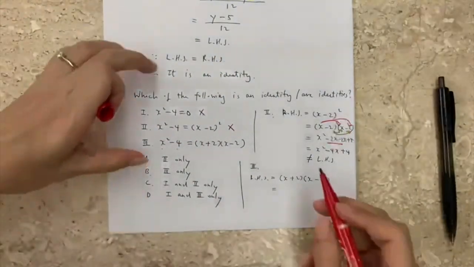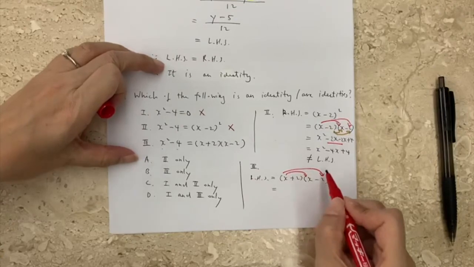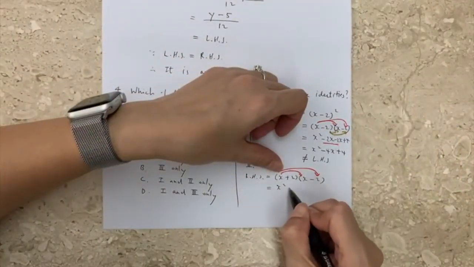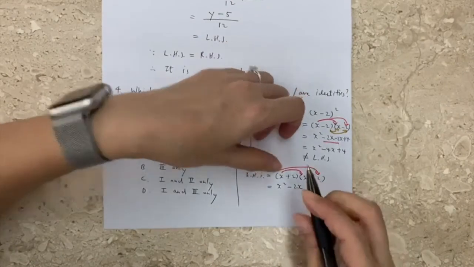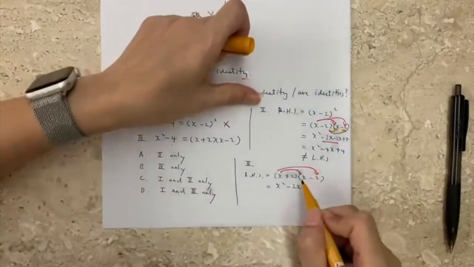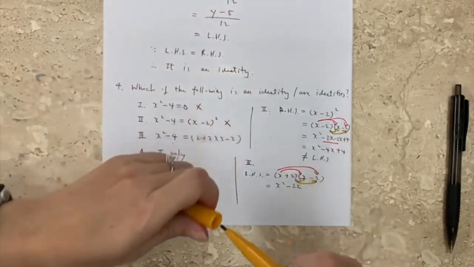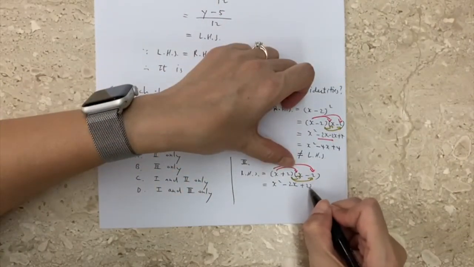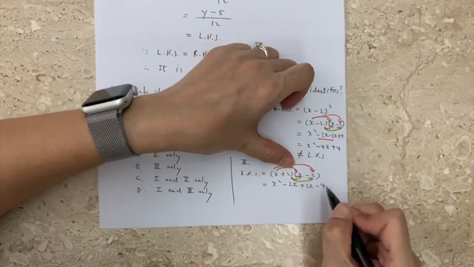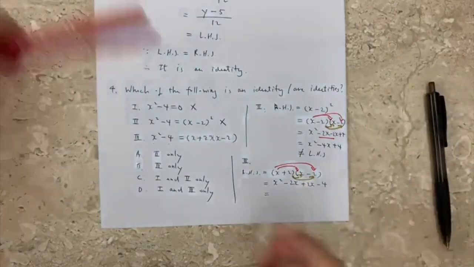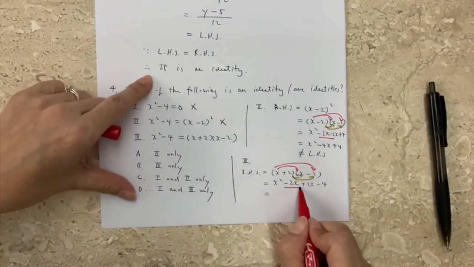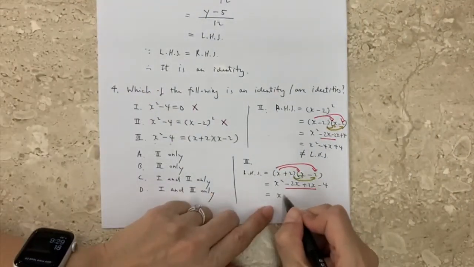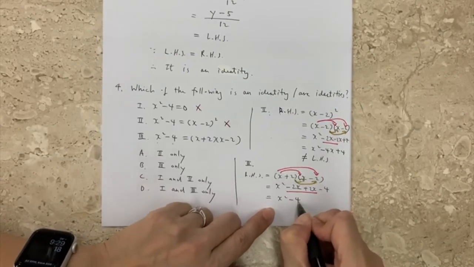Expansion step by step: this one times this, x times x, x squared minus 2x, and then this one times this one, we have plus 2x minus 4. So what is left here? What is minus 2x plus 2x? They cancel out, so we have x squared minus 4.